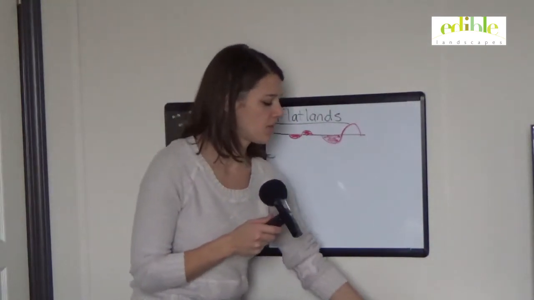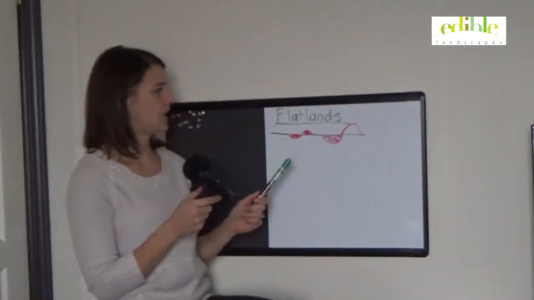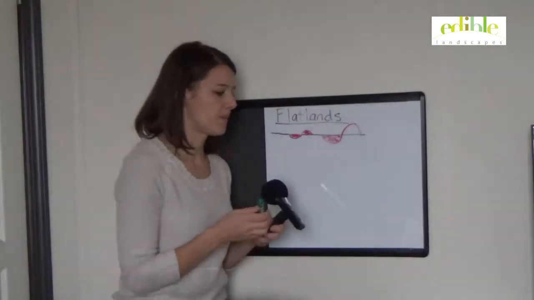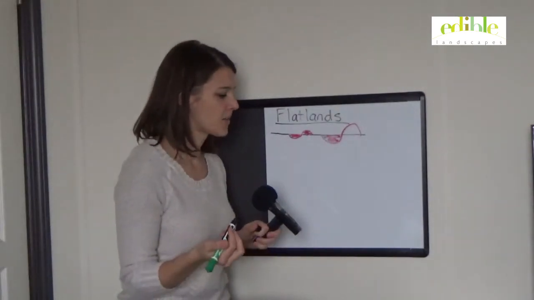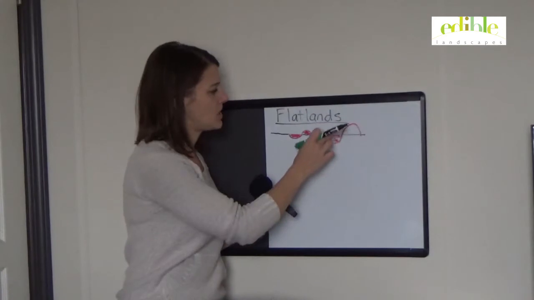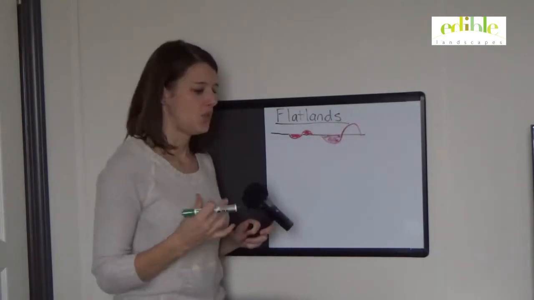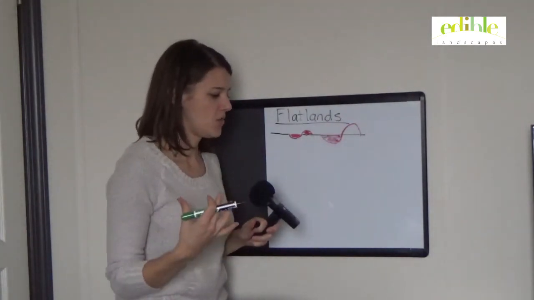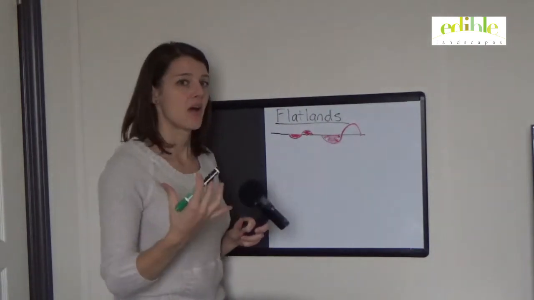And one of the key benefits on the flatlands that not a lot of people use to its full advantage is the fact that when you dig a hole, you get a mound. You get an excess amount of soil.